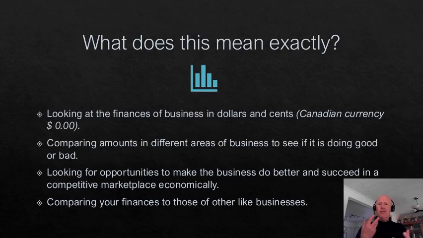So here are just a few more points and explanation of what this means exactly. Something to remember, and I specifically point out international students because I know there is some difficulty here, and I want to show that I do understand, in the sense that we're working with Canadian currency, dollars and cents.